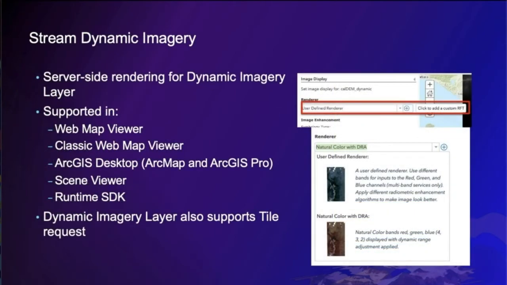And for the dynamic imagery layers, because it is actually an image service behind the scenes, one signature ability is to support server-side on-the-fly processing, either through the built-in processing templates or any raster function processing template that is shared in your organization. And dynamic image layer is well supported in all ArcGIS applications, including our classic and new web map viewers, the scene viewers, all versions of ArcGIS desktop apps, such as ArcMap and ArcGIS Pro, and also in the runtime SDK.